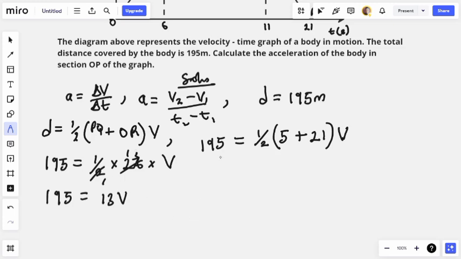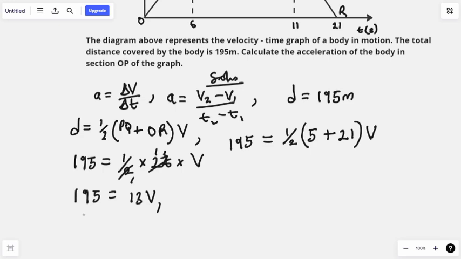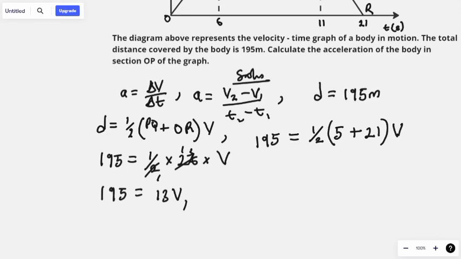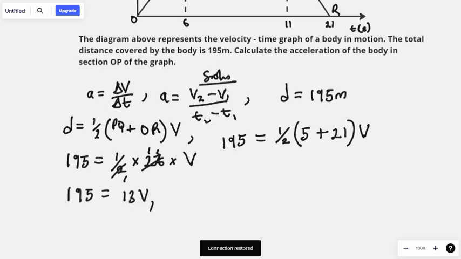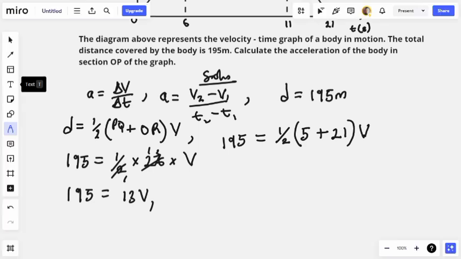So to make V the subject of the formula, we divide both sides by 13. 13 will cancel 13.